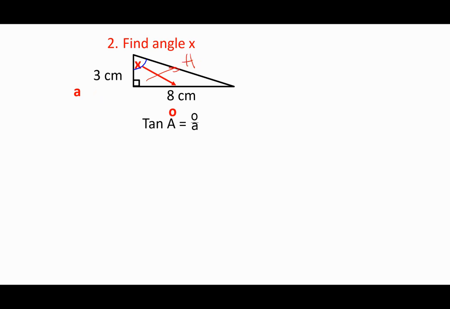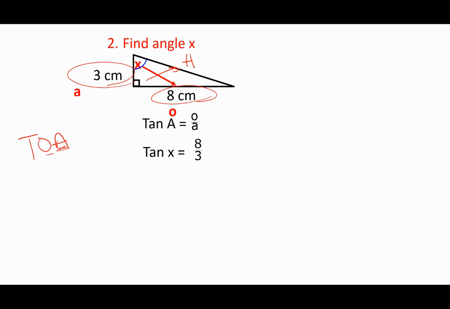The two values that have measurements are 8 centimeters and 3 centimeters. So we're going to plug those into our equation. 8 is the opposite, 3 is the adjacent, and our tangent is TOA. Remember, tangent is opposite over adjacent.